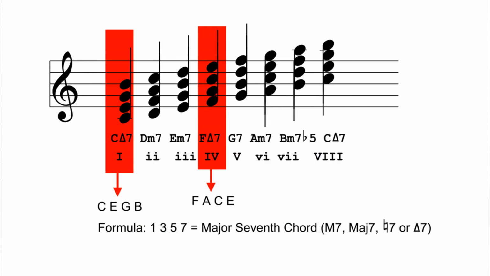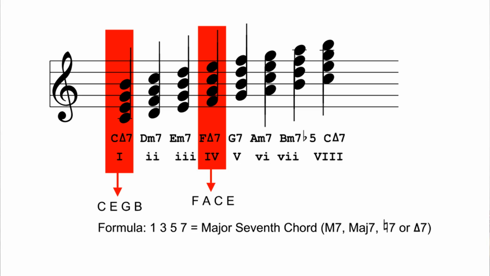On the 1st and 4th steps of the major scale are built major 7th chords. These are made up of the 1st, 3rd, 5th and 7th notes of the major scale relative to the root notes, which are C and F in this case.